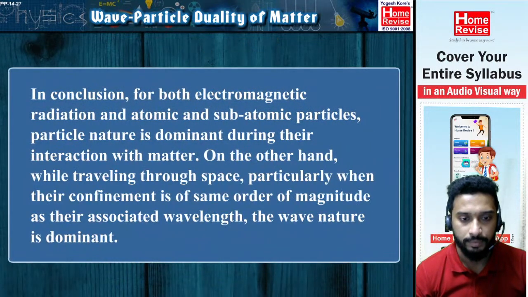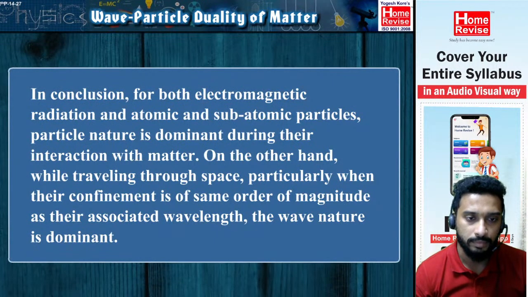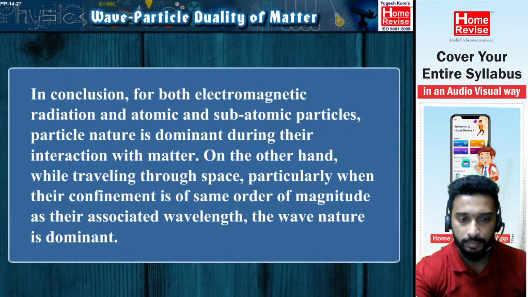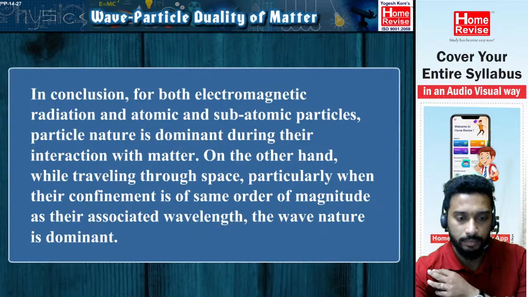In conclusion, for both electromagnetic radiation and atomic and subatomic particles, particle nature is dominant during their interaction with matter. On the other hand, while traveling through space, particularly when their confinement is of the same order of magnitude as their associated wavelength, the wave nature is dominant.